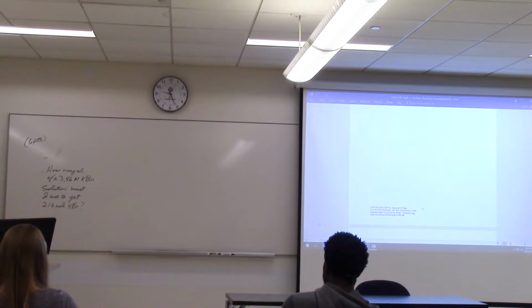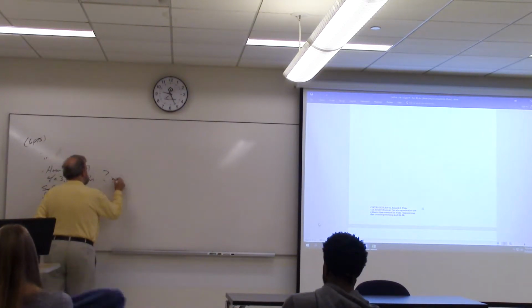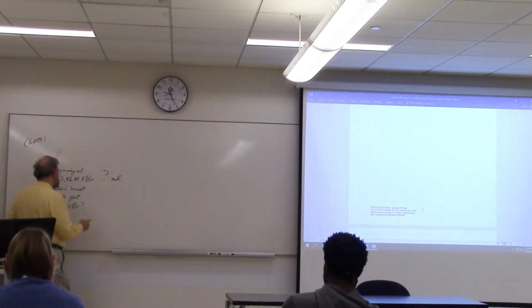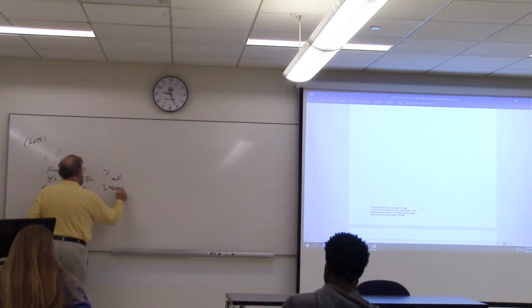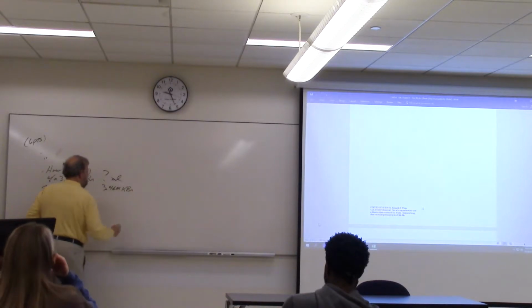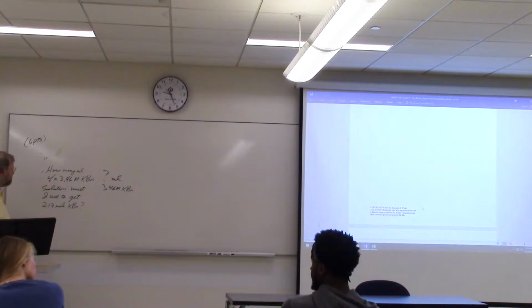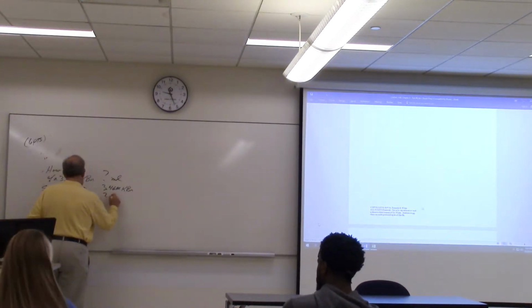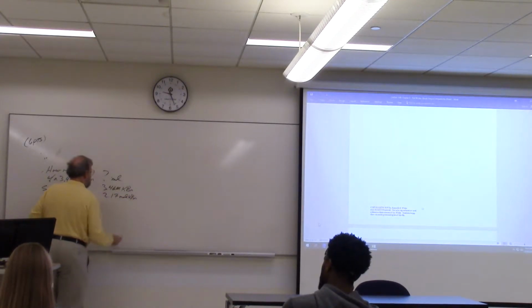I think everybody's done. Let's take a look at this. And the question is, how many milliliters of, I have this number, 3.46 capital M KBr, potassium bromide solution, must I use or measure out to get 2.17 moles KBr?